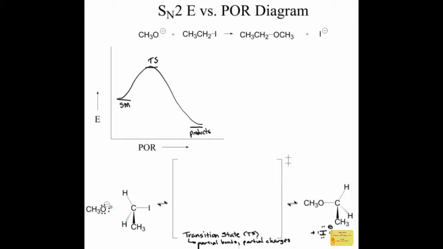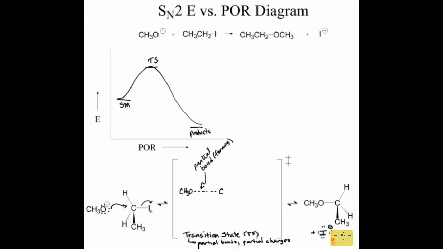We know that our mechanism is this: our oxygen is attacking the carbon in the process of breaking the iodide. So what does it look like in the meantime? We can represent the bond being formed between the carbon and the oxygen as a partial bond.